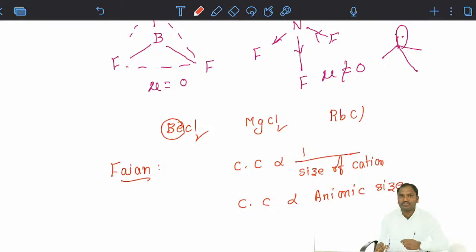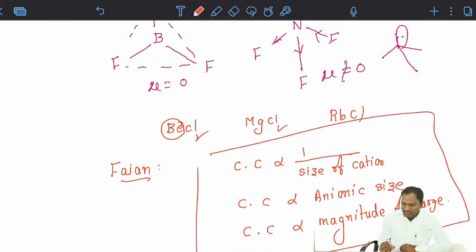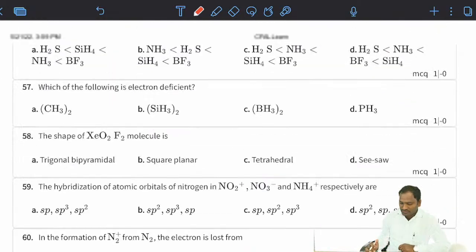Directly proportional to anionic size. And third factor is directly proportional to magnitude of charge. Okay, now keep these 3 points in mind; we'll go to solve that problem.